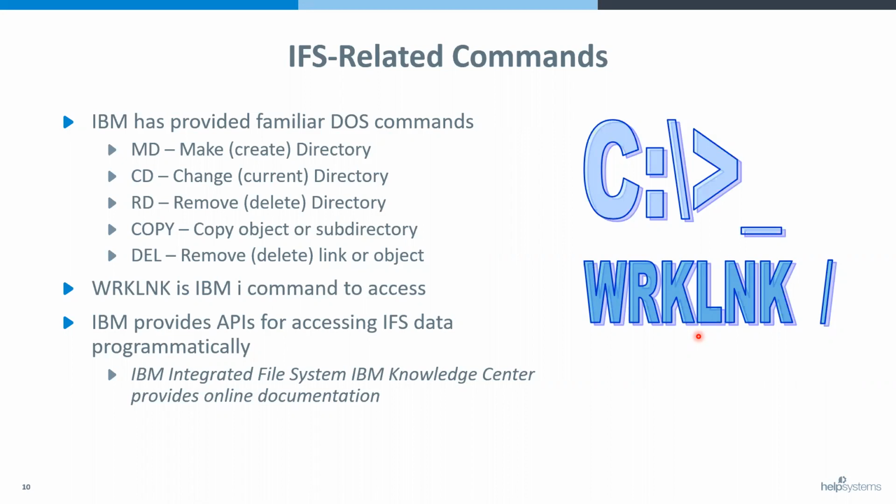It's very similar to doing C:/ on your Windows desktop. Once you're on the IBM i system, you can make directories, change directories, remove directories, basically delete them, copy subdirectories, and remove a symbolic link with the delete function to not reference a particular area. But WRKLNK is basically an IBM i command. You're not going to find that on your PC or your Linux environment. You're going to see something more like dir in those environments.